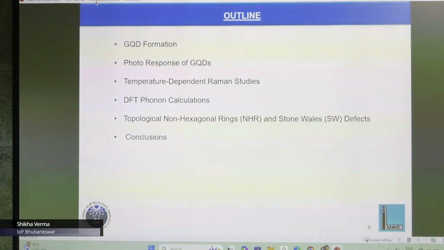So the outline is basically the formation of GQDs, the photo response of these graphene quantum dots, their temperature dependence using some Raman studies and DFT phonon calculations, and also the formation of some kind of Stone-Wales defects in these GQDs.